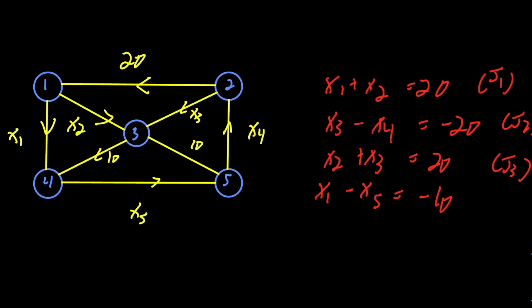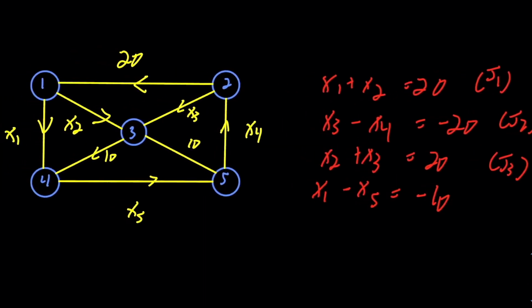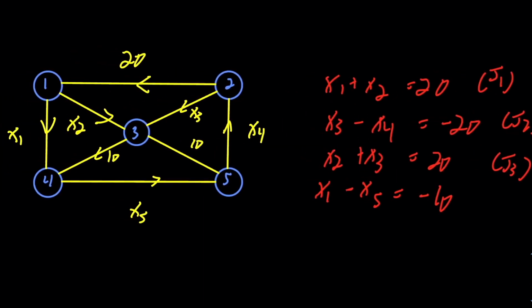And there's one more junction. Can you guess what those are? So, x4 and x5 relative to 10. So, x4 is going against the flow relative to 10. And x5, in relation to 10, is actually going with the flow.